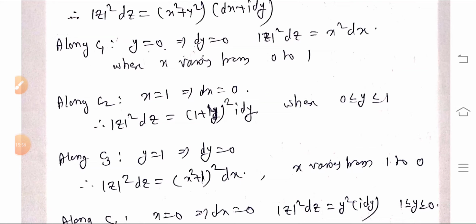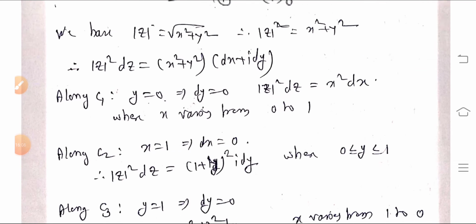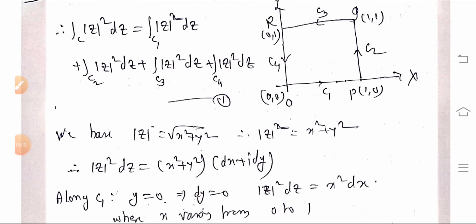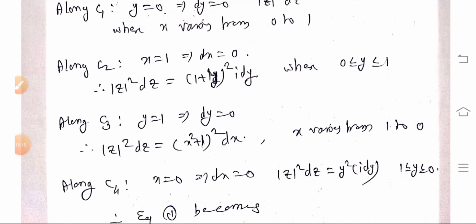wait a minute, first we get all the curves. Along C2, x equal to 1, that is the straight line from P to Q, where the x coordinate is fixed at 1. So we take x equal to 1, which implies dx is 0.